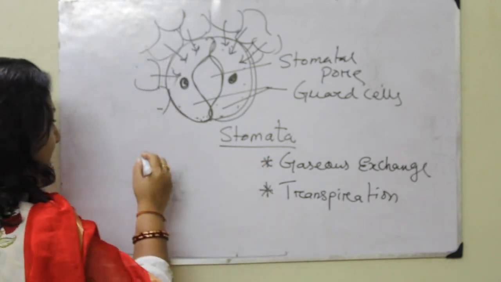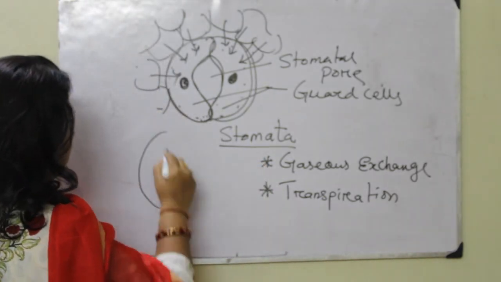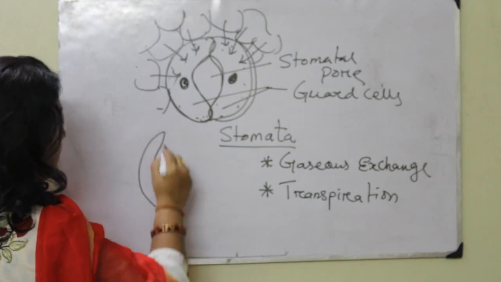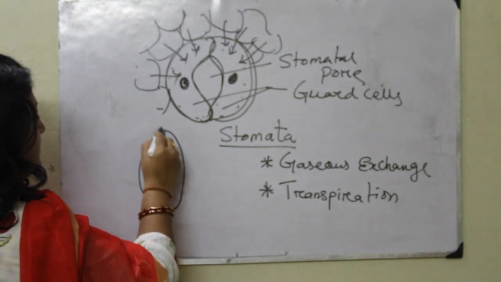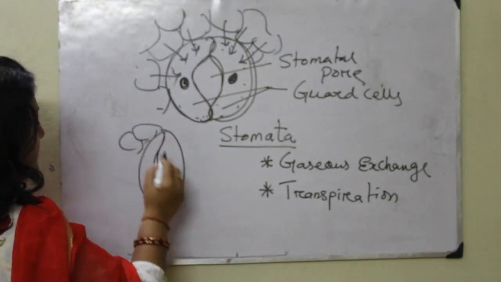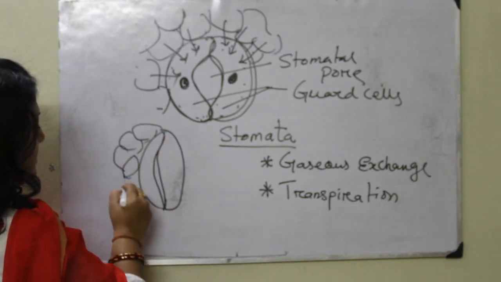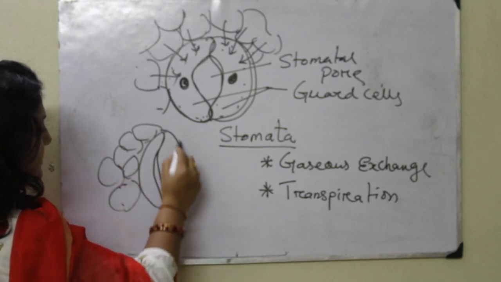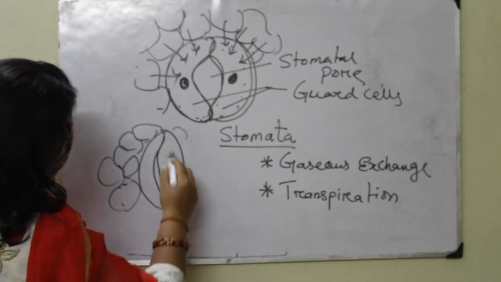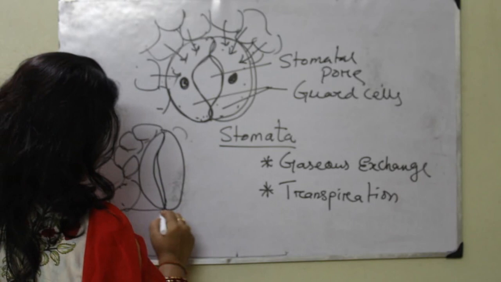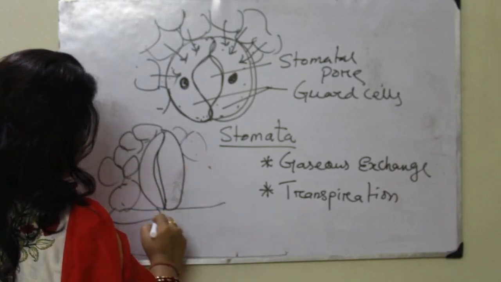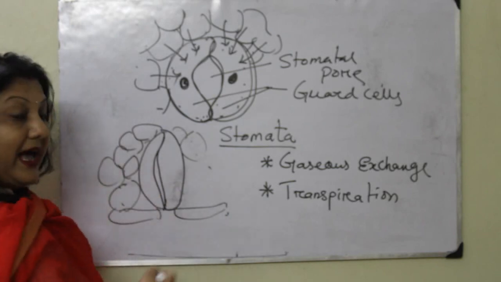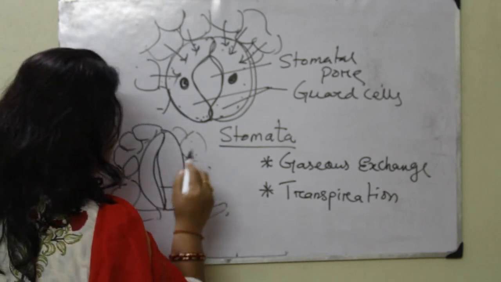So I'll just draw that also. When the guard cells are not swollen up, how does the stomatal structure look? So these are the mesophyll cells which are surrounding it, and the epidermal cells. Okay, so epidermal cells will be here, and this is a closed stomata.